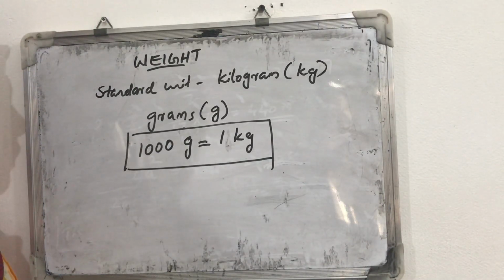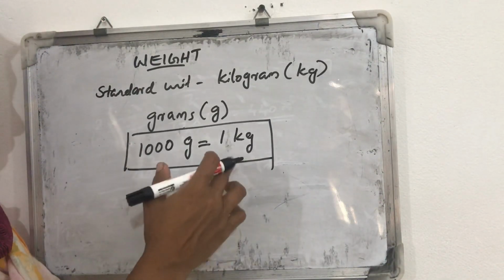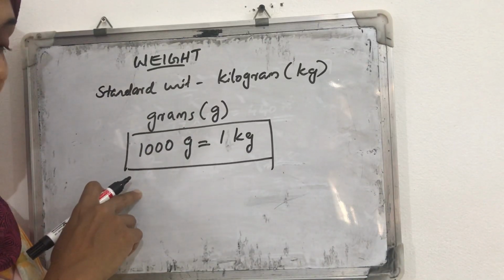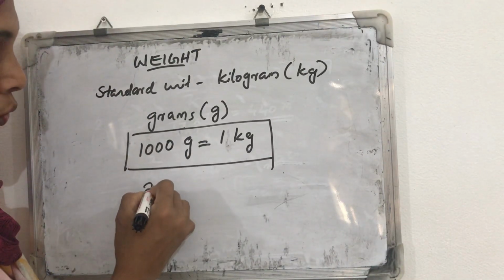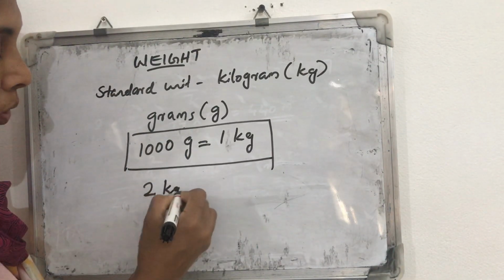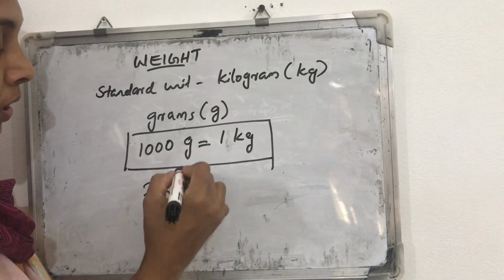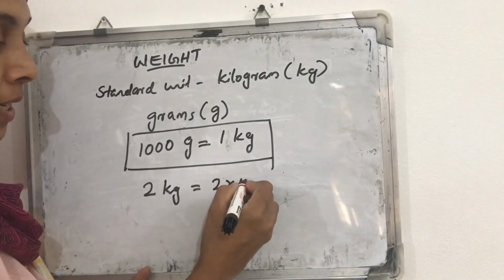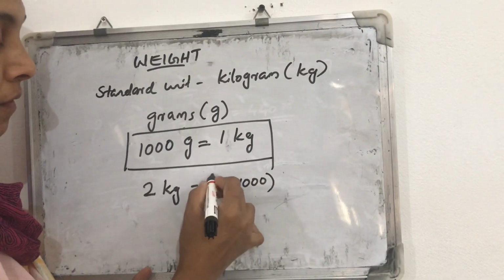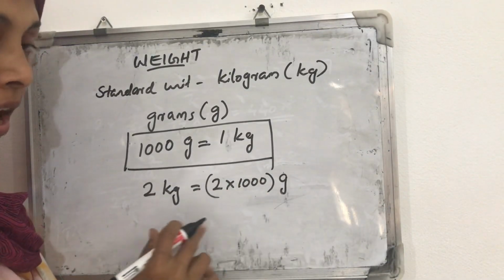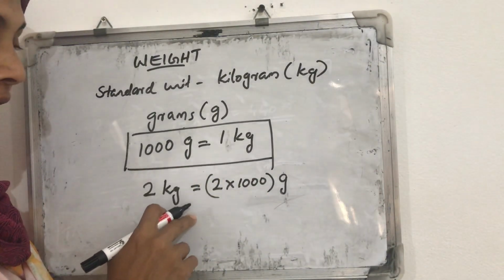So when we convert to grams, in 1 kilogram how many grams are there? 1000 grams. So in 2 kilograms how many grams will there be? 2 into 1000 grams. When we convert kilogram into gram, we multiply with 1000.